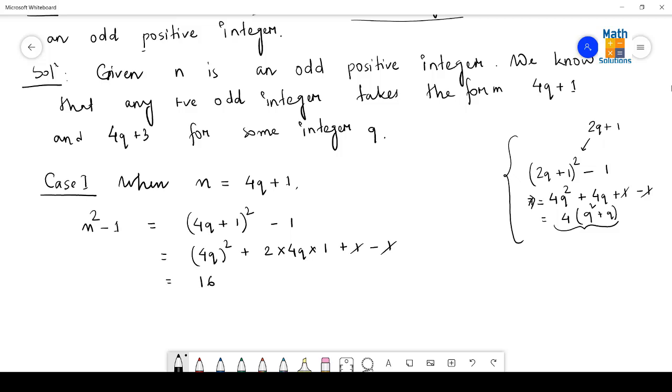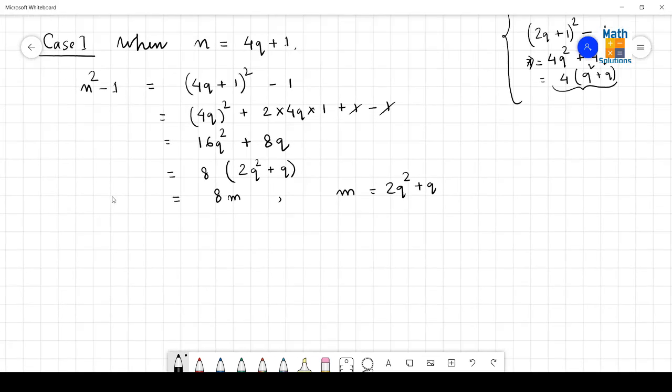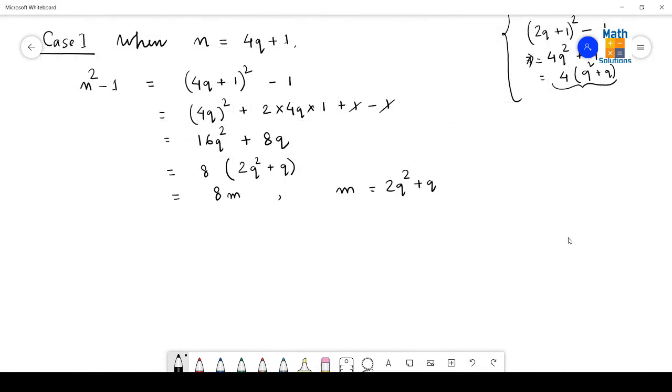While breaking it, I am getting 16q square plus 8q, from where we can take 8 common, and within the bracket I shall get 2q square plus q, which can be expressed in the form 8m, where m is equal to 2q square plus q. So it is very clear that for 4q plus 1, n square minus 1 is divisible by 8.